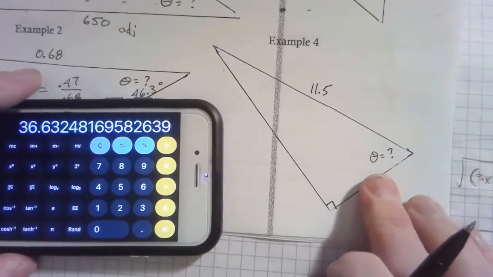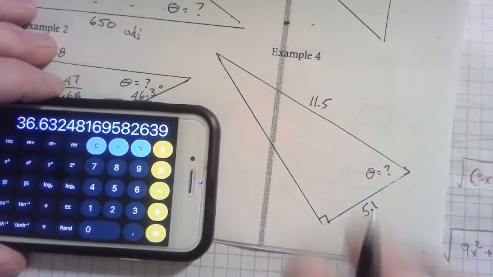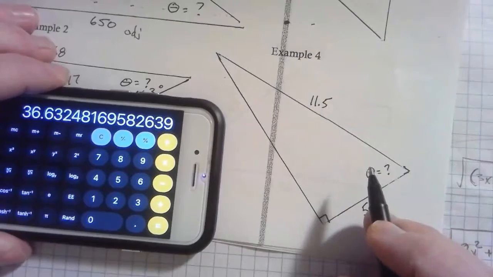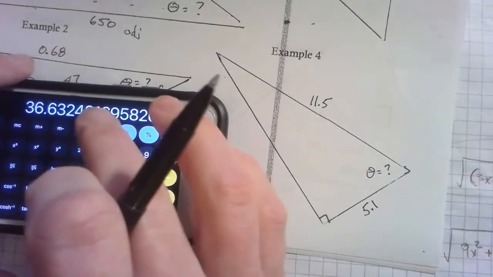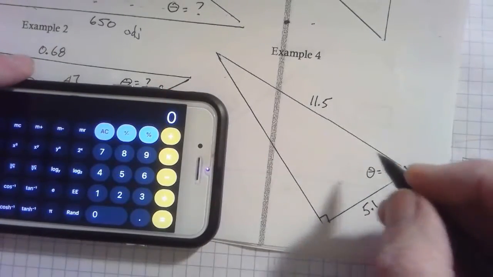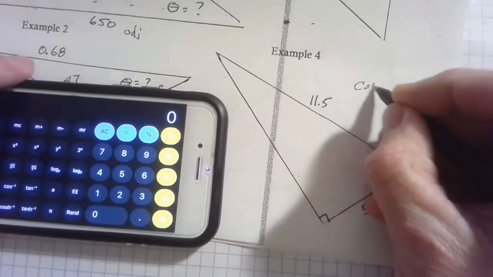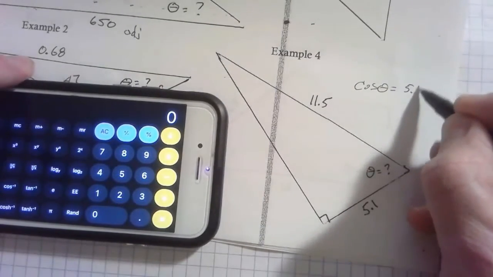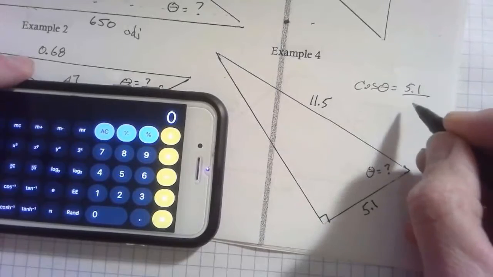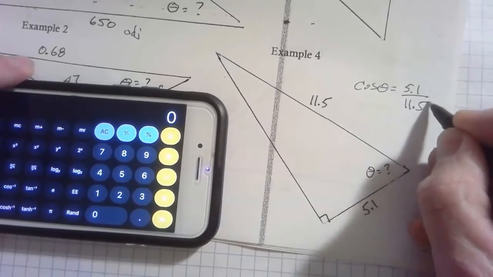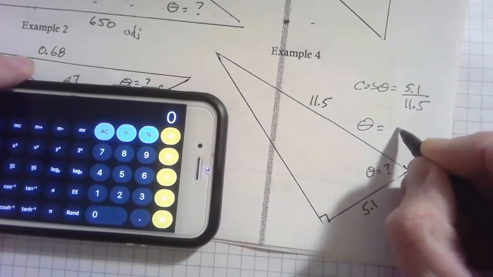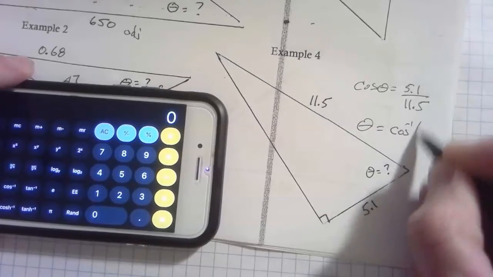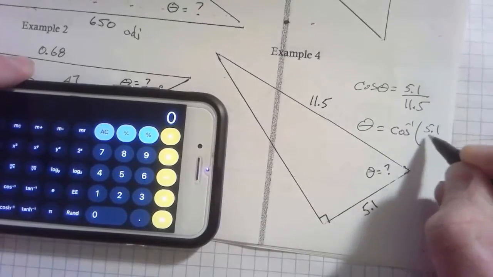So you should try this one on your own. Stop the video, try this one on your own, come back and see if you did it right. So we're going to have cosine of theta is equal to adjacent, 5.1, over hypotenuse, 11.5. The angle is going to be the inverse cosine of whatever that is.